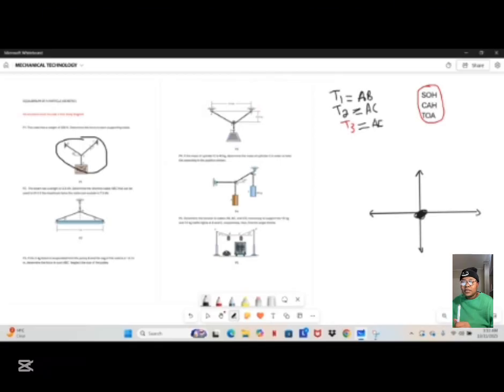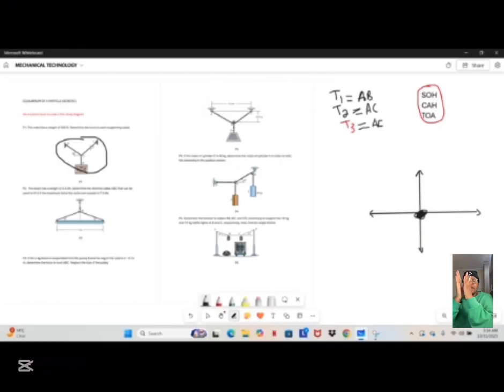We already have the weight, which we name AD, because it is holding it. Then we have BY and CY, CX and BX, because we have two forces acting like this.